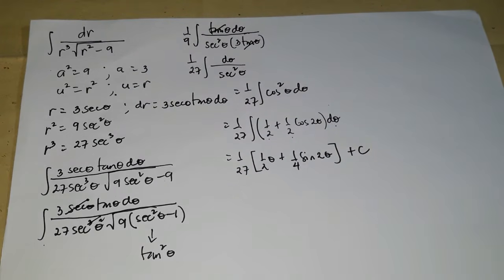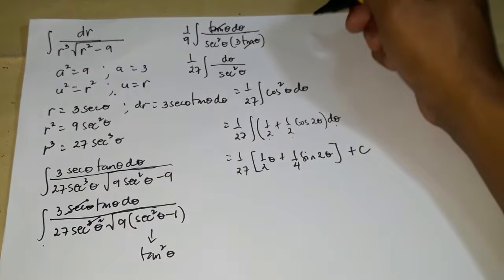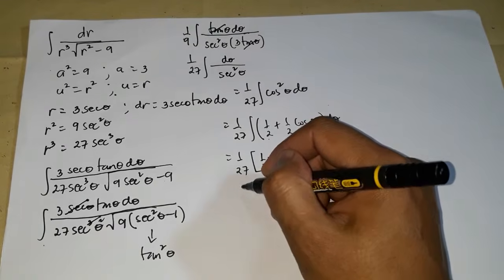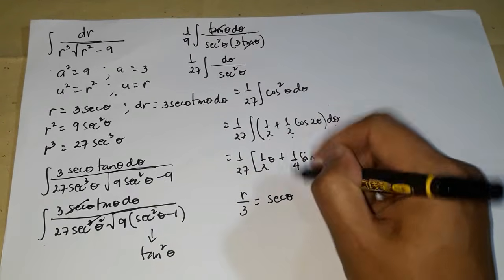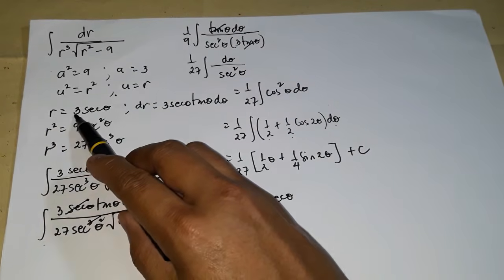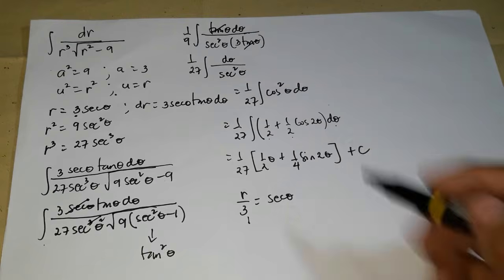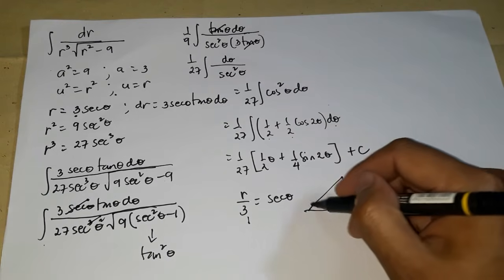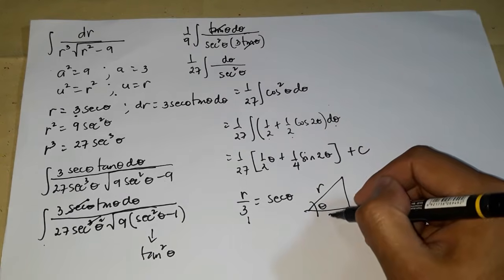And then, again, recalling this principle, r equals 3 secant theta, it follows that r over 3 is equal to secant theta. Once more, r equals 3 secant theta gives us r over 3 equals secant theta. And then, by using the triangle, secant theta is hypotenuse over adjacent.